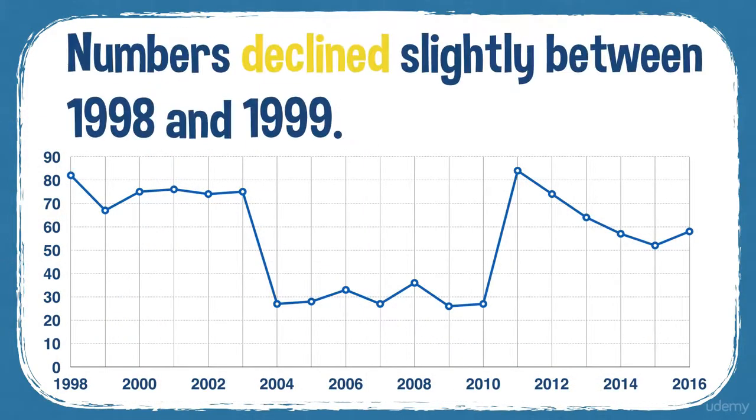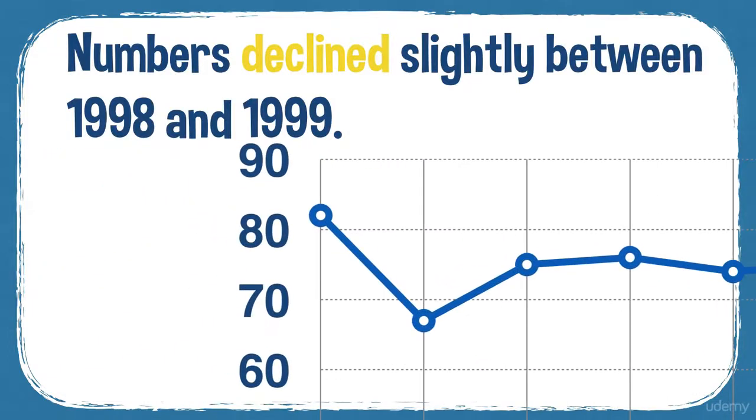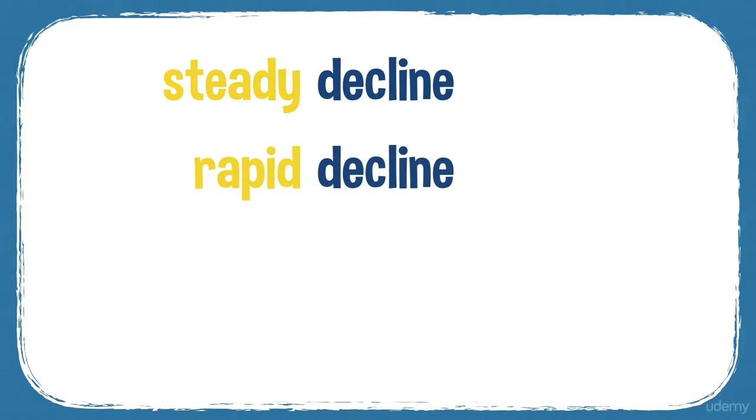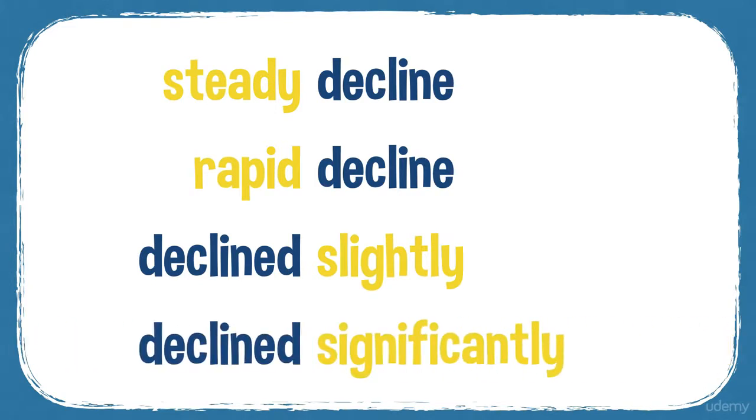So for example, between 2011 and 2015, there was a steady decline, like the Roman Empire declining, a steady decline. Numbers declined slightly between 1998 and 1999. Steady decline is a very common collocation. Rapid decline. So if you're using decline as a verb, declined slightly, declined significantly.